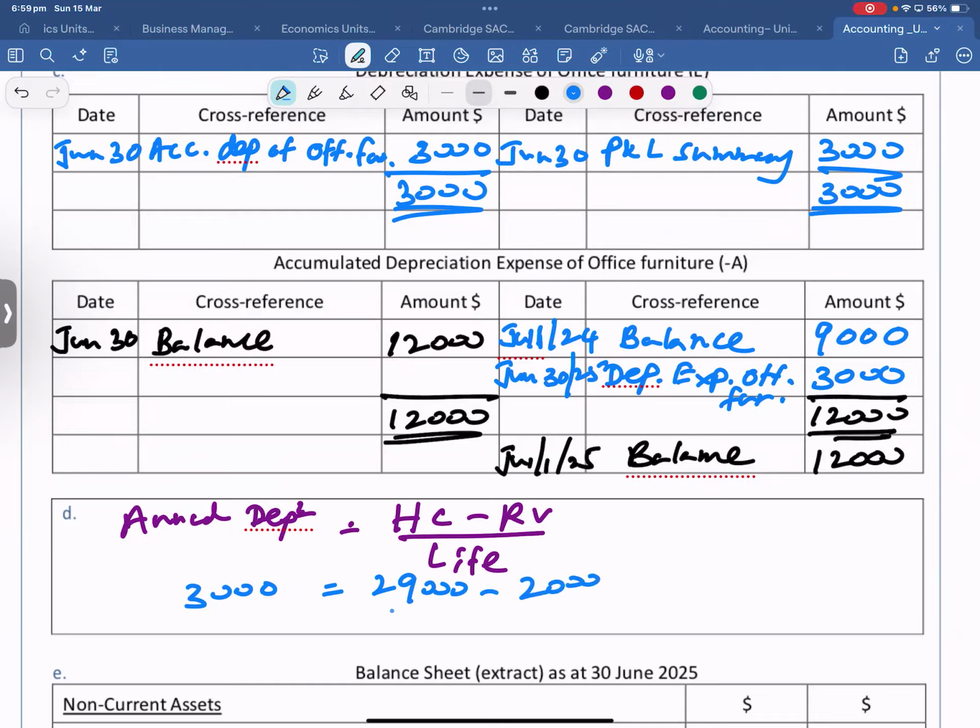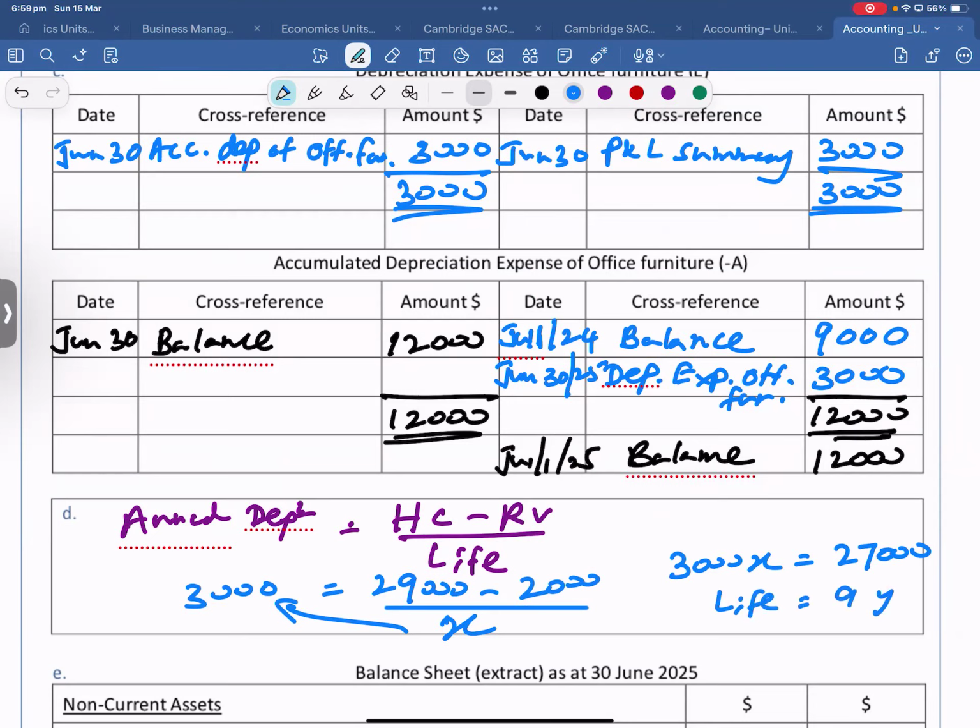Residual value 2,000. Then life is equal to 9 years.